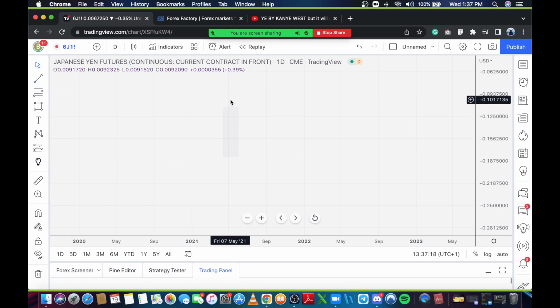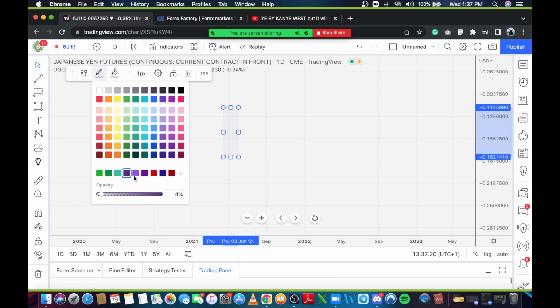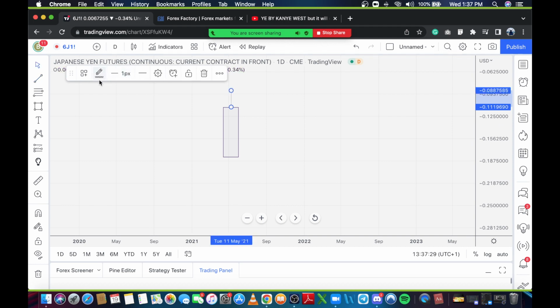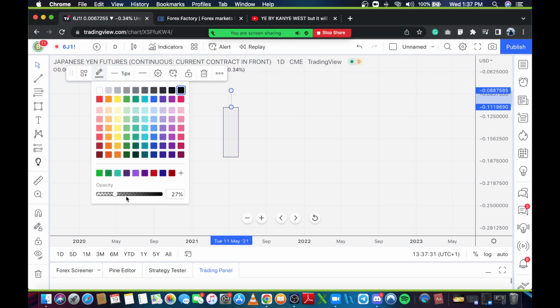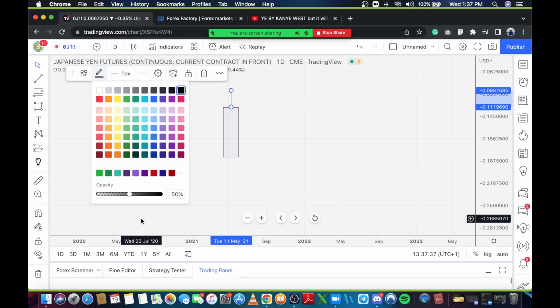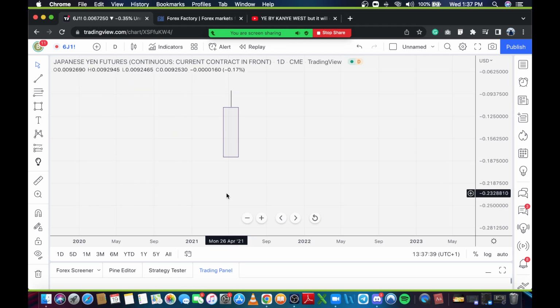Let me switch this up, make this a little bit more conspicuous. All right, let's speak on it. Okay, so for a candlestick to form, there has to be an equivalent number of buy or sell transaction going on there. Okay, but there has to be some type of transaction going on there. It could be buy, it could be sell. We don't care. Okay, that's how a candlestick forms.